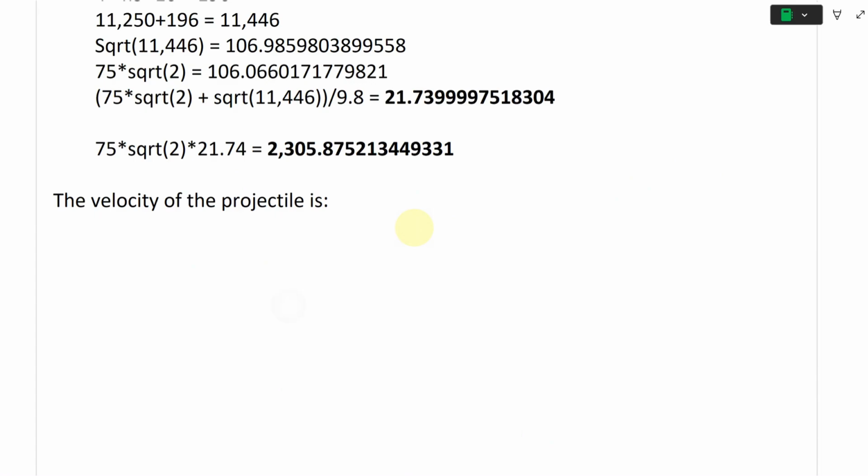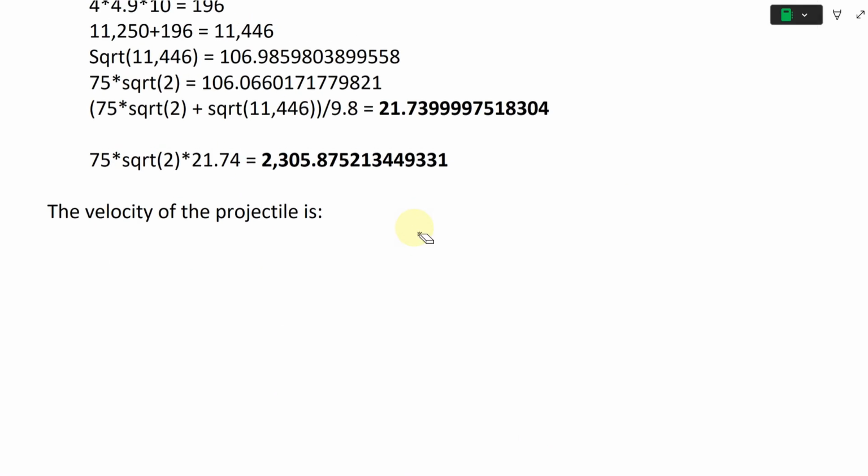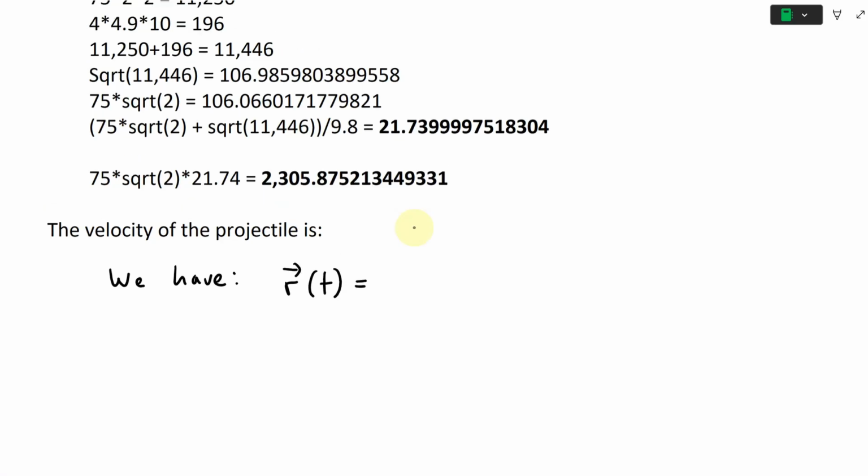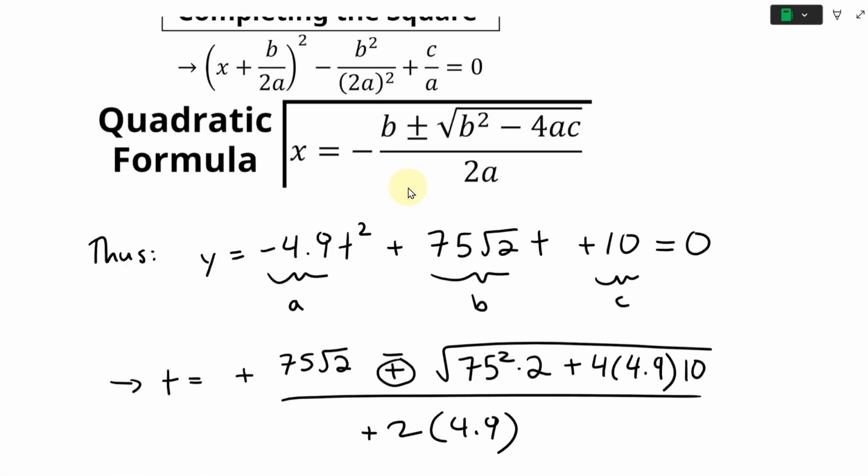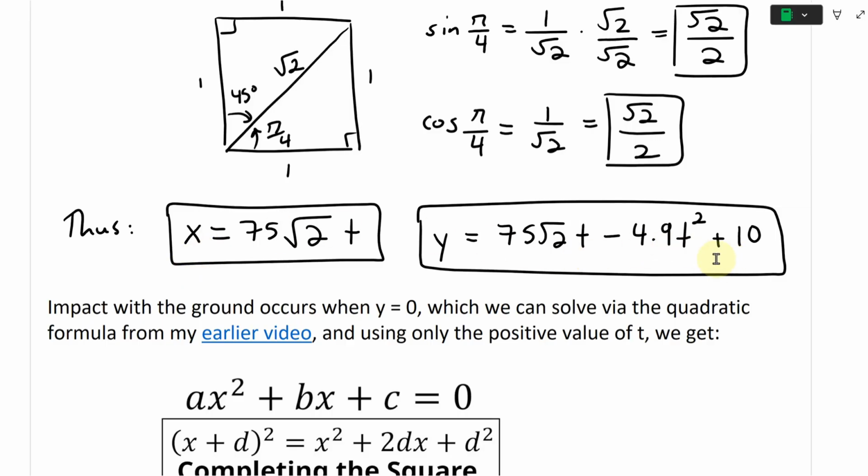So the position vector is going to be r of t, and we have the parametric equations of it right here. These two are the parametric equations, so let's put those in their i and j format.